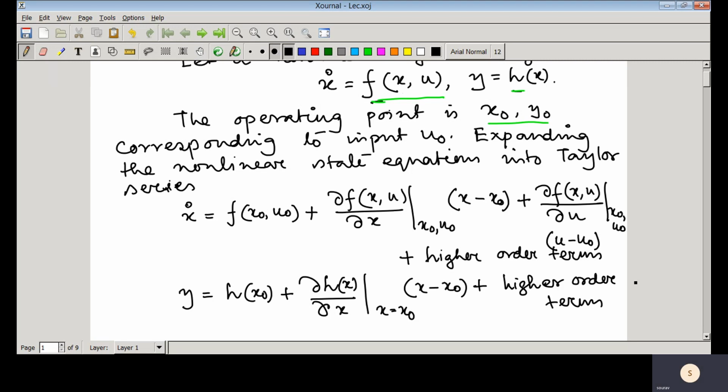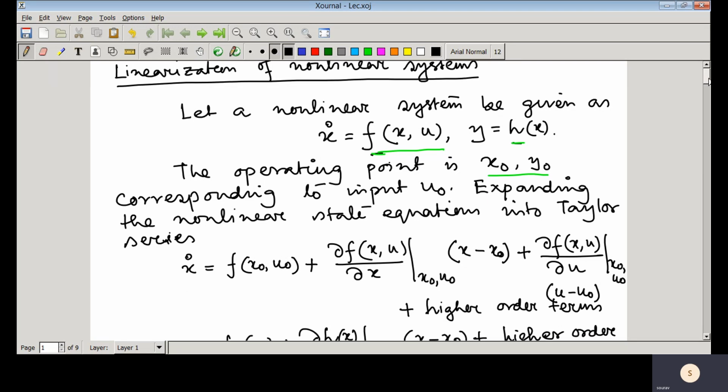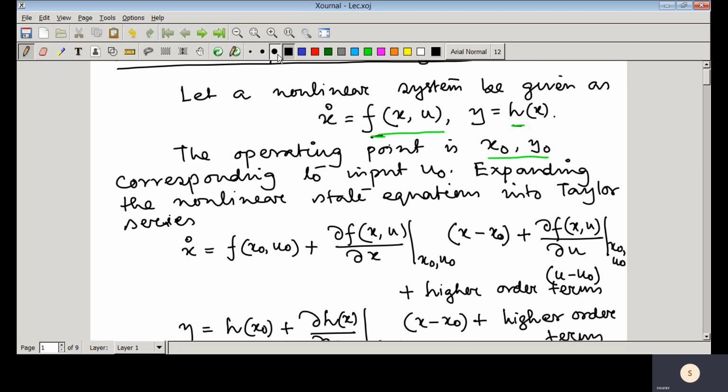So this is the Taylor series expansion of the state equation, that is the system equation, and the output equation.